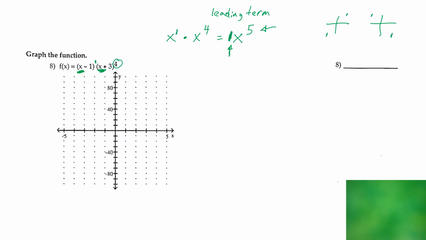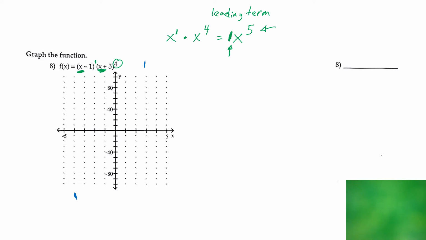So that positive 1 tells us that the raised side will be on the positive part. So this is what the ends should look like. If we know what the ends look like, that helps us to do the graph. So let's go ahead and next step, we're going to put in the ends. So we know one end is going to be up here somewhere and another end is going to be over here somewhere.